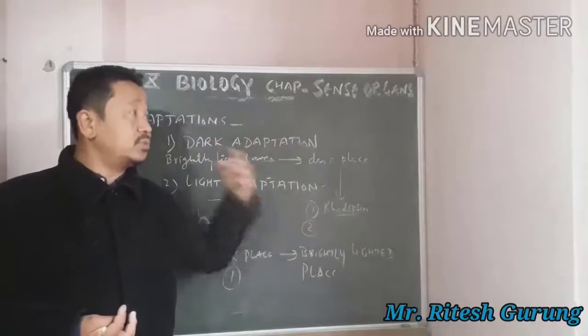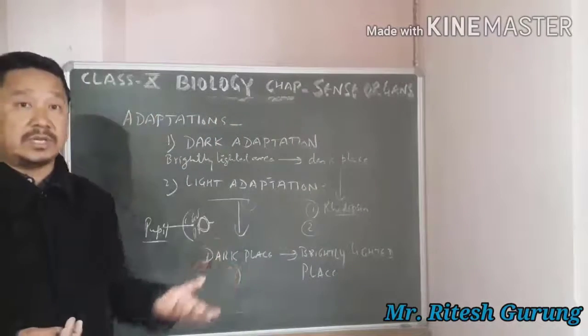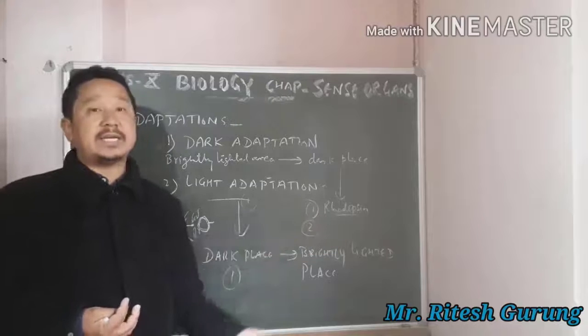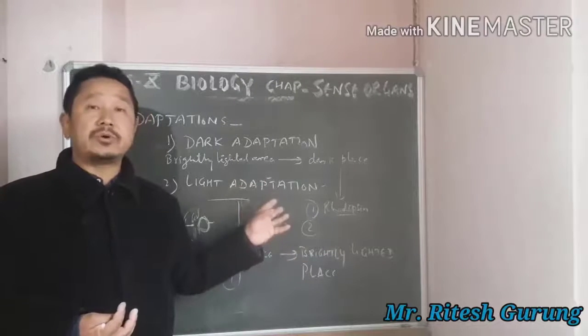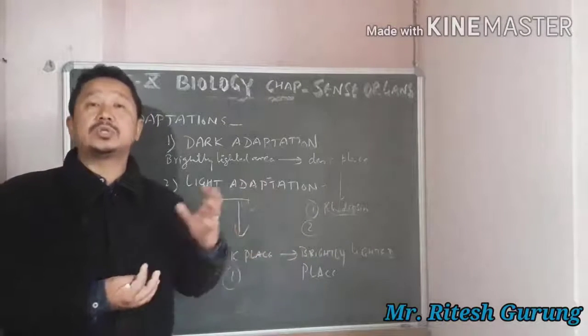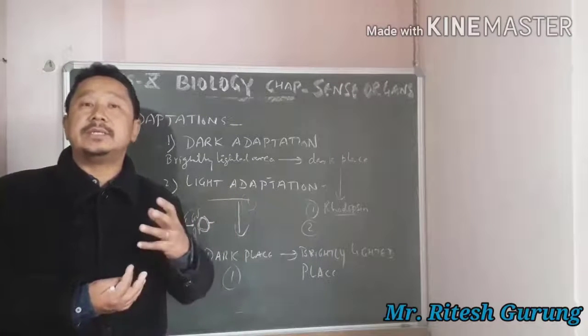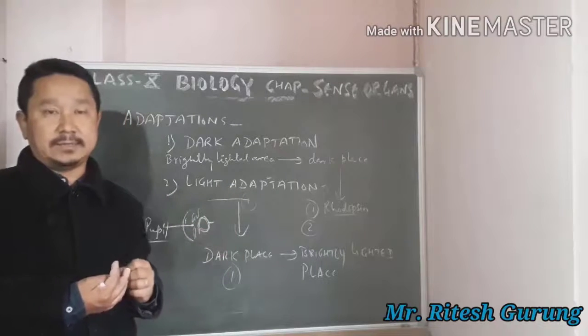They are sensitive to dim light only. So as soon as you come to the brightly lighted area, the rhodopsins get bleached and slowly lose their sensitivity to the light. Number 1.